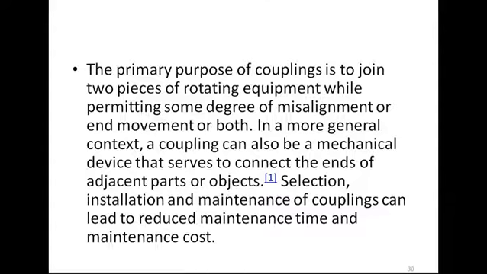In a more general context, a coupling can also be a mechanical device that serves to connect the ends of adjacent parts or objects. Selection, installation and maintenance of couplings can lead to reduced maintenance time and maintenance cost.